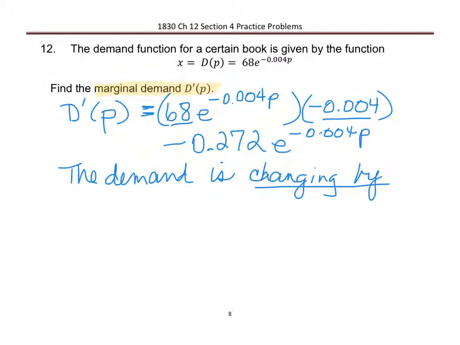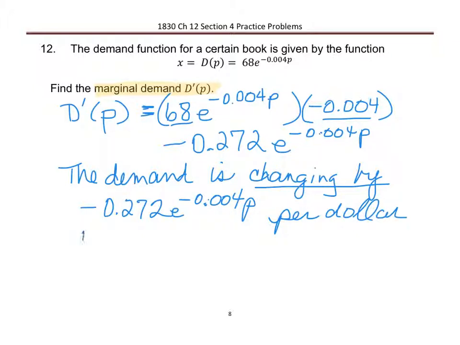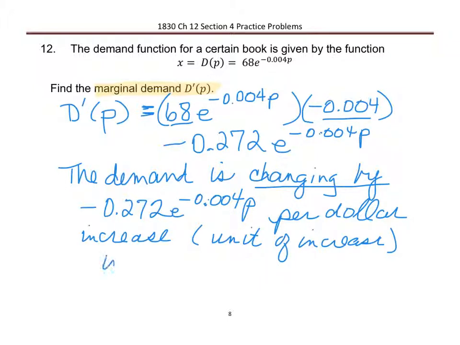The demand is changing by negative 0.272 e to the negative 0.004 P per dollar increase, or you could say per unit of increase, since we don't know for sure if it's in exactly dollars or if it's in hundreds of dollars. So per unit of increase in the price.